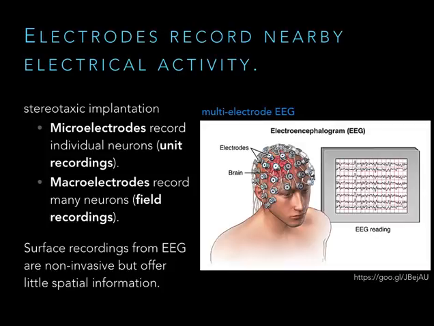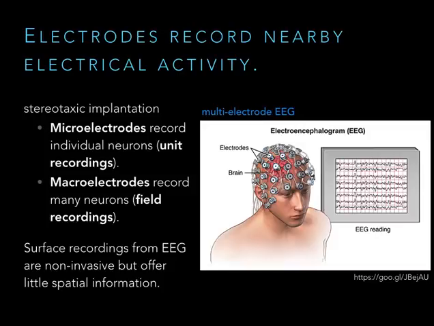We can implant those electrodes and measure the activity of many neurons, what we call a field recording. Or we can use more refined microelectrodes and actually record the activity of individual neurons. Remember, when a neuron's active, it generates an action potential, and that's nothing more than electrical activity. So those electrodes are going to pick up on that electrical activity either in individual neurons or in many, many neurons.